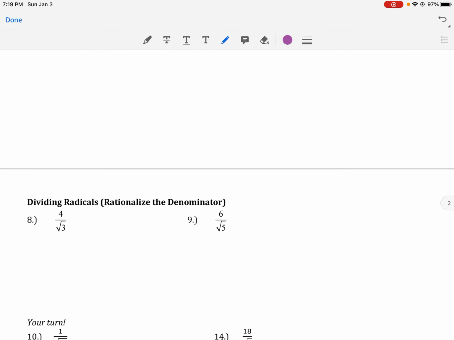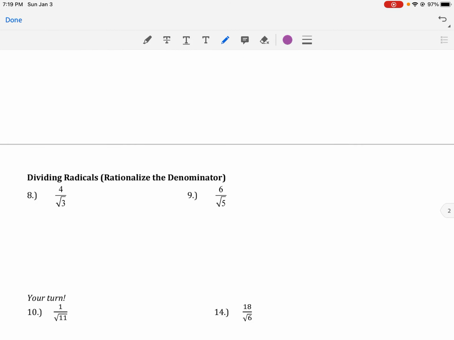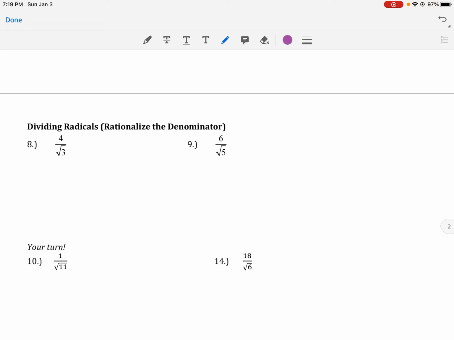Okay, next we're going to rationalize the denominator. The idea behind rationalizing the denominator, or you can think about it as dividing radicals, is we want to get rid of the square root, or the root, in the denominator, meaning the bottom of the fraction.